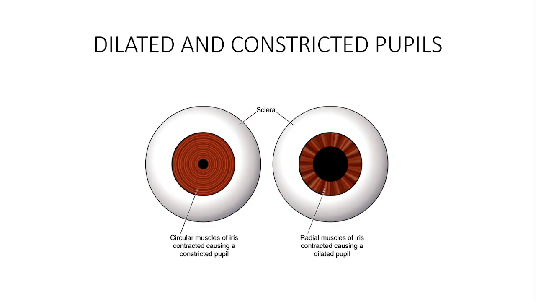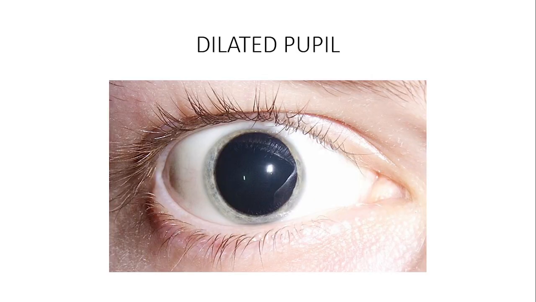So, what is the size of the pupil? The normal size of the pupil varies depending upon two main circumstances: is there bright illumination or dim illumination? Because the retina doesn't like too much light.